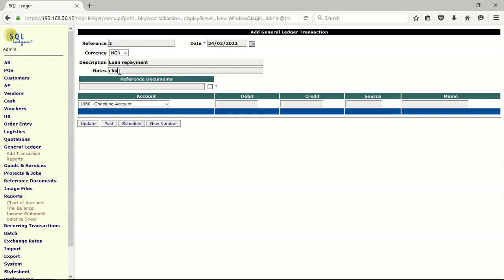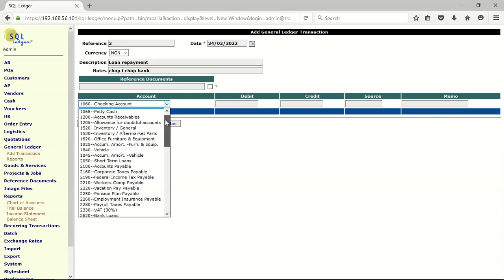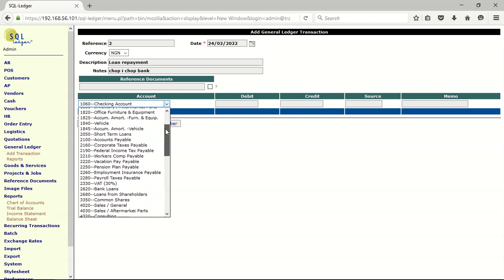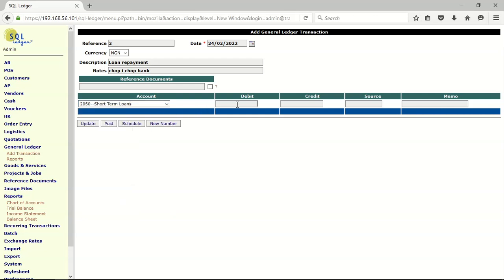Na bank, we dey pay am. So we select the money wey you take, the short term loan, we fit come select am. See am here, so that e say mama come pay 20,000. Na 20,000 mama come pay.